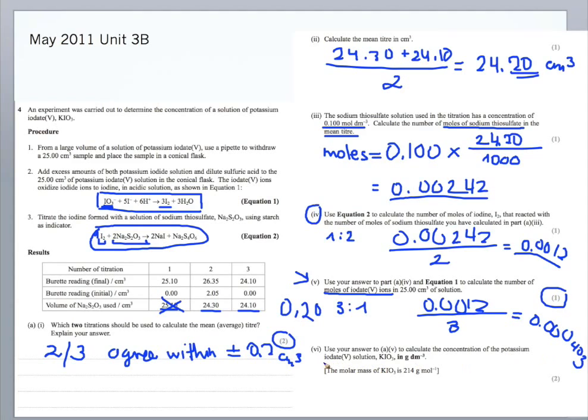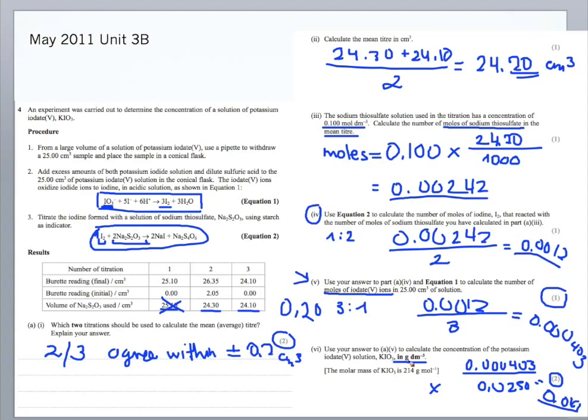And then the last question, it says, use your answers to A5, which is this one, to calculate the concentration of potassium iodate solution in grams per dm. We have to divide the moles from above, so 0.000403 divided by 0.0250, which gives us 0.0161.